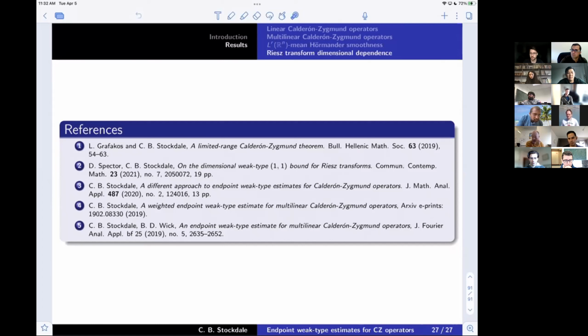Sorry, but my question is, is it possible to do this kind of thing in the non-commutative setting, on the Heisenberg group? What I'm familiar with in that setting, yes, you can do these things.